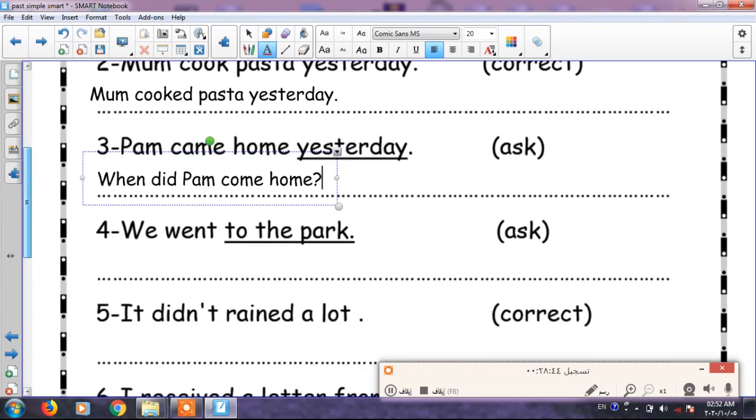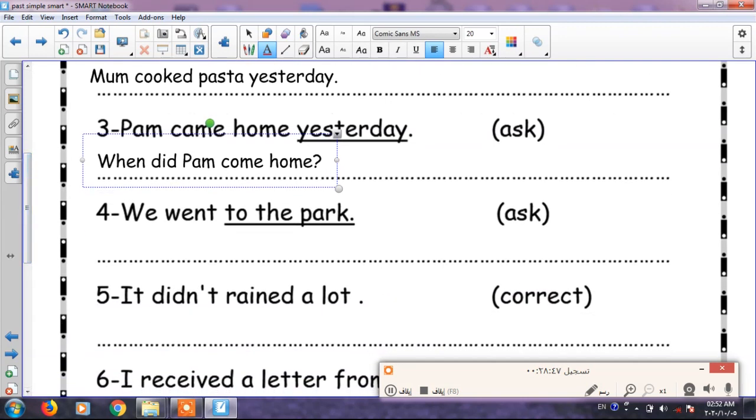Number 4. We went to the park. Ask, and here I will ask about what? To the park. What is to the park? To the park is a place. So when I want to ask about a place, I use where, and after the question word I put did, and I will complete my question.